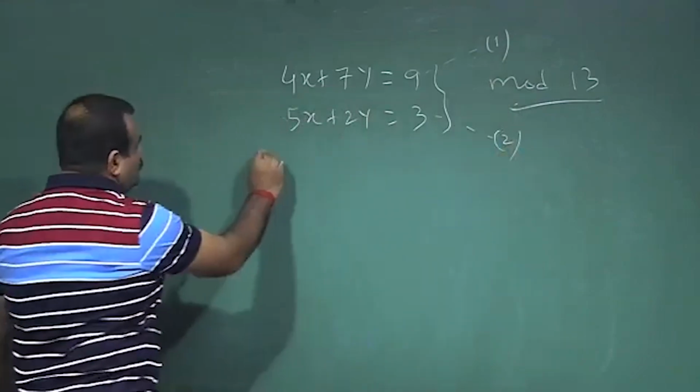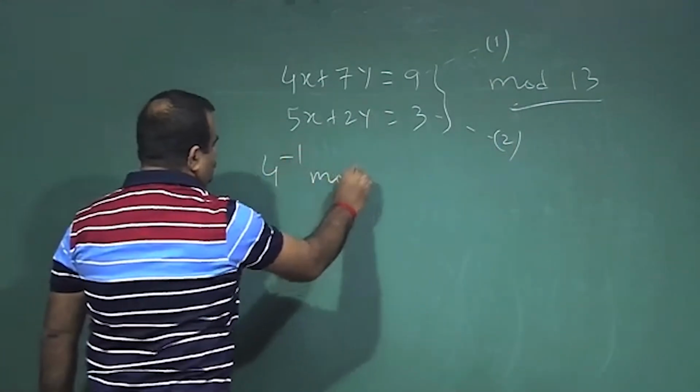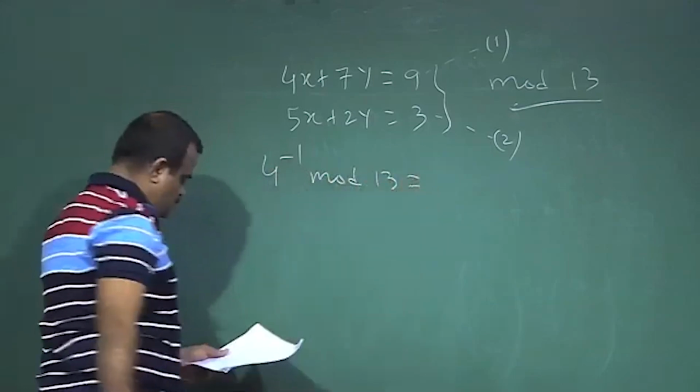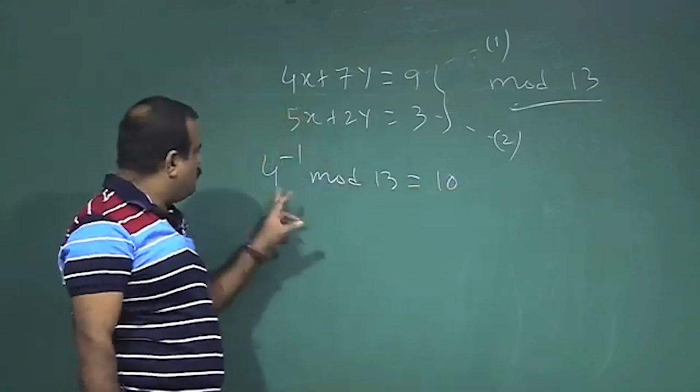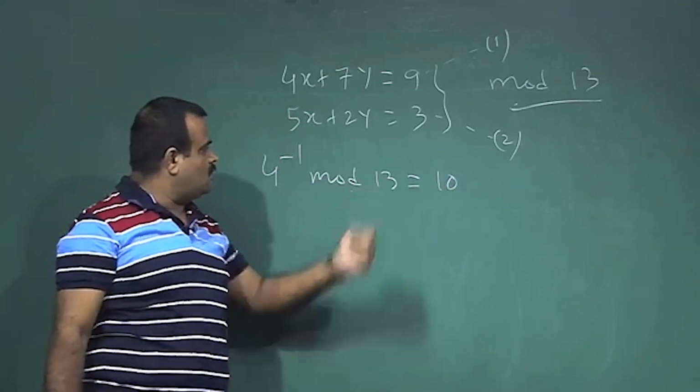We multiply the first equation by 4 inverse mod 13. What is 4 inverse mod 13? It is 10, because if you multiply 10 with 4 it is 40, and 40 mod 13 is 1.